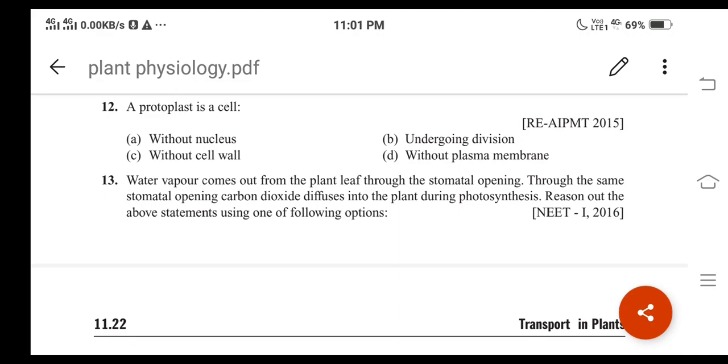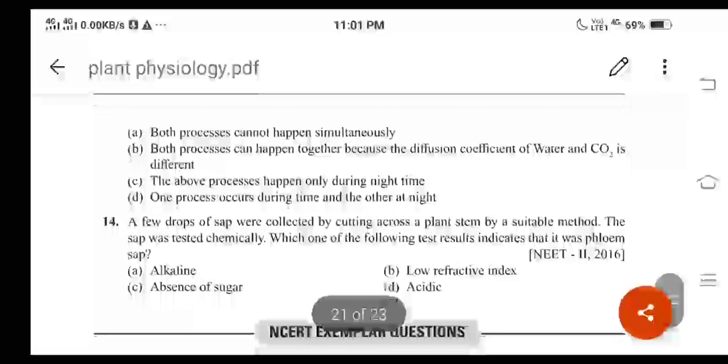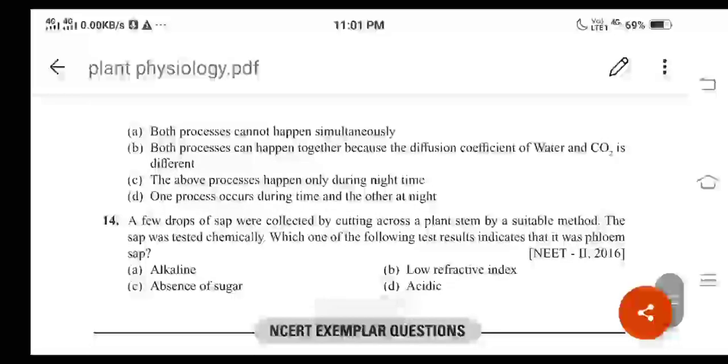For question number 13, what are the different options here? Both processes cannot happen simultaneously. Option B, both processes can happen together because the diffusion coefficient of water and carbon dioxide is different. The third one is the above processes happen only during night time.